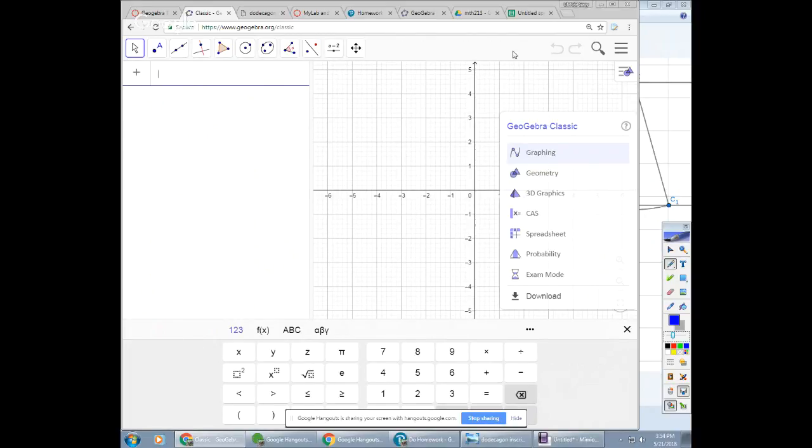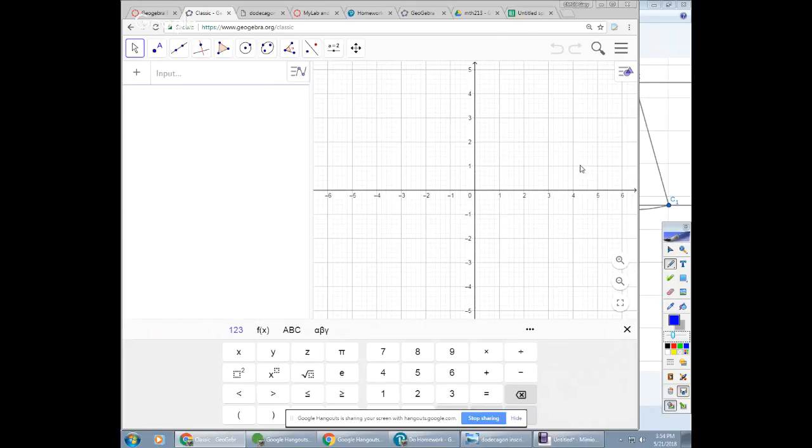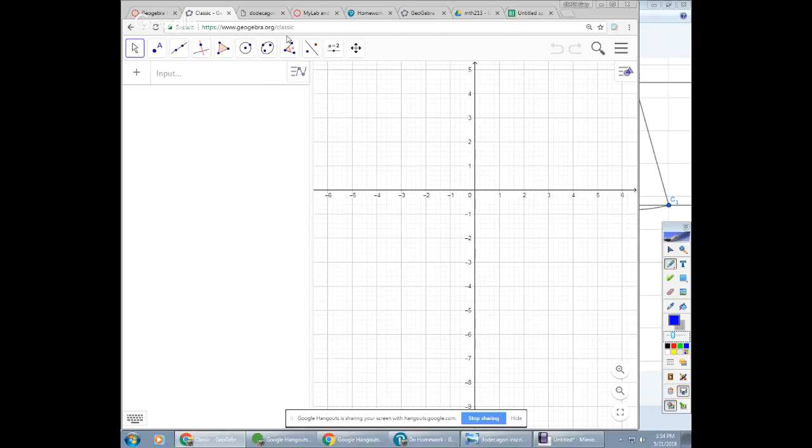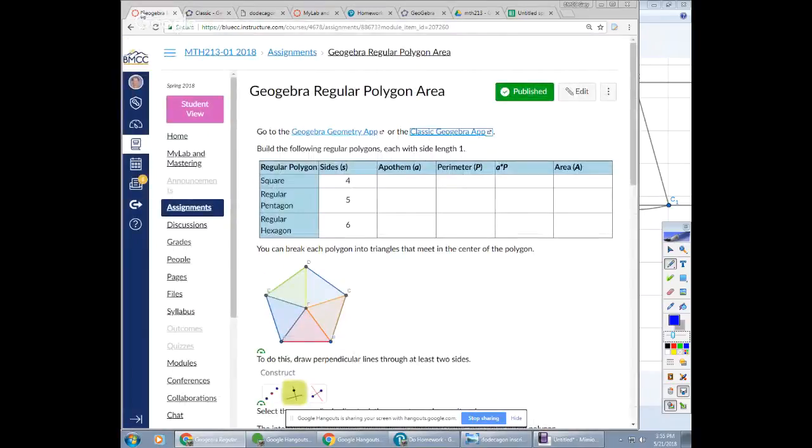All right, so the screen looks the way it does on mine, probably because I use GeoGebra a lot and it grabbed my default settings. I'm not positive about that. They seem to tweak things every time. My goal here is to look at the idea of taking a regular polygon and splitting it into triangles where the triangles meet in the center.